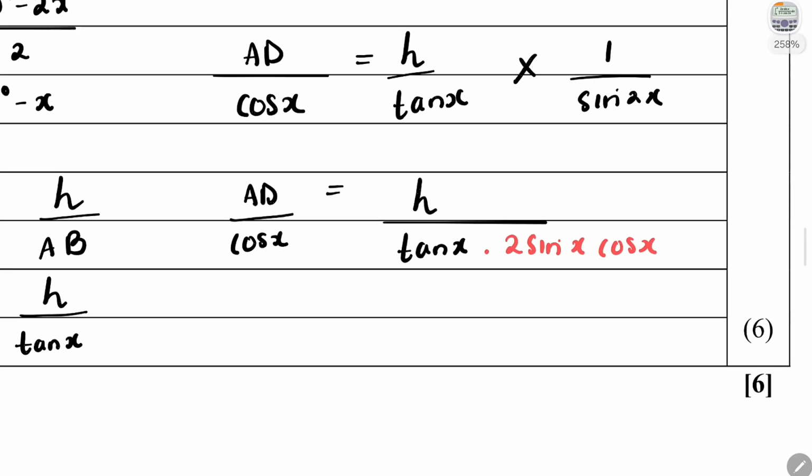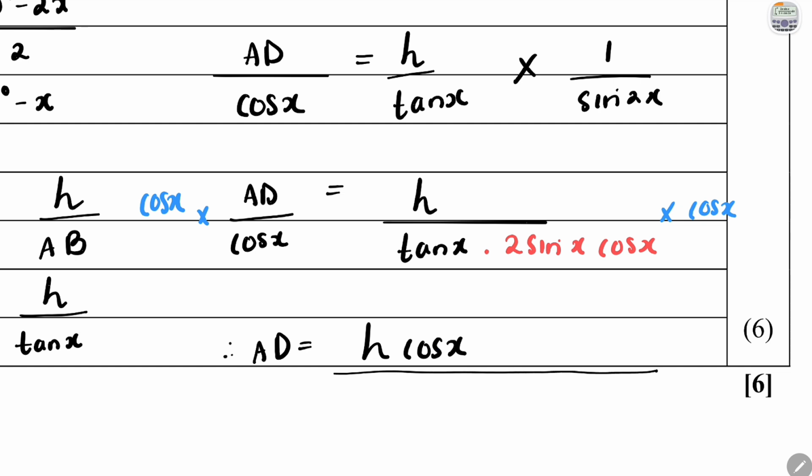And finally, to just get AD on its own, we can multiply both hand sides of this equation by this cos x in the denominator. So times cos x. And so finally, AD would be equal to, we have the cos x going to the numerator because it's multiplying to the numerator. So that's h cos x over, and we have tan x times 2 sine x cos x.